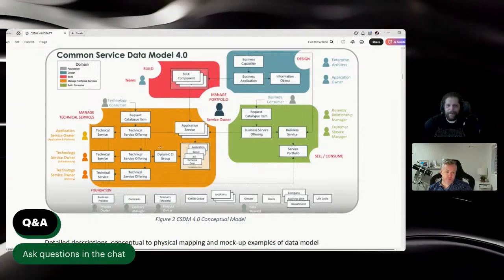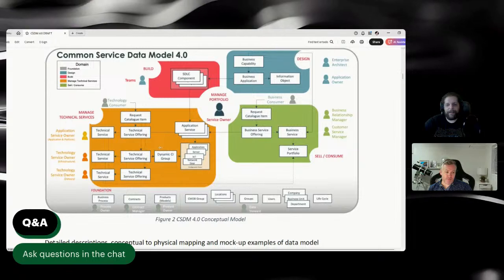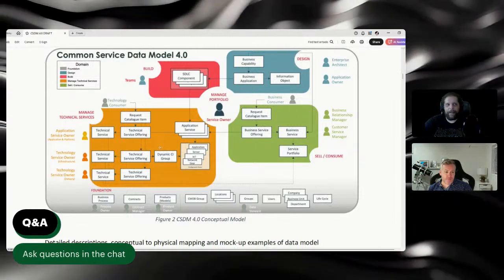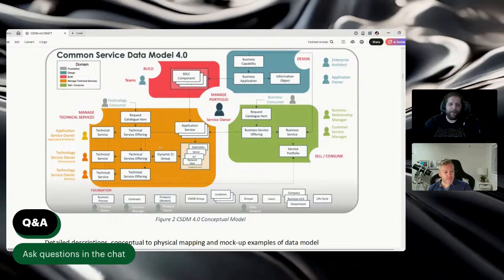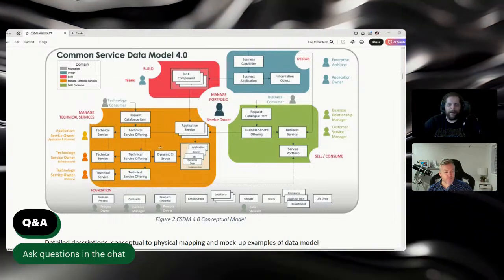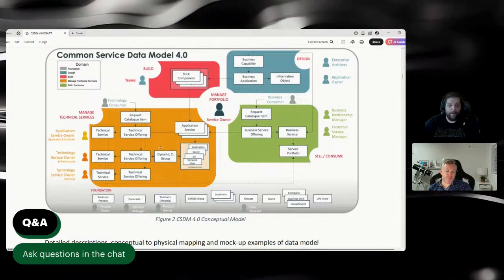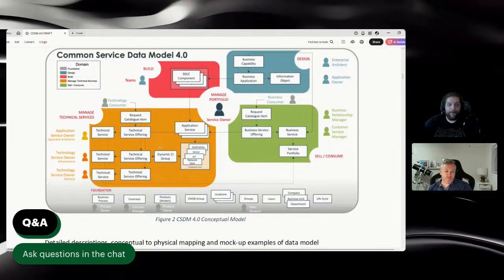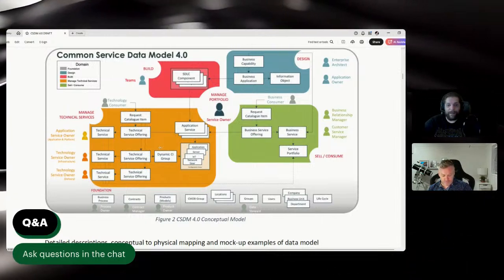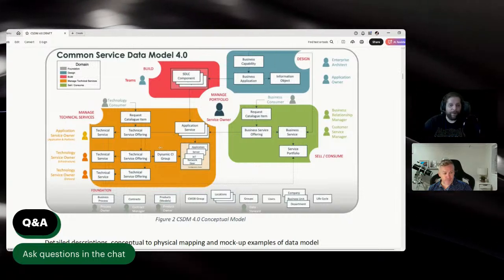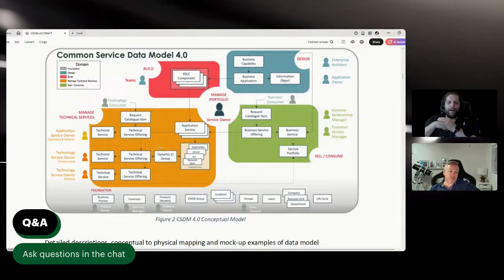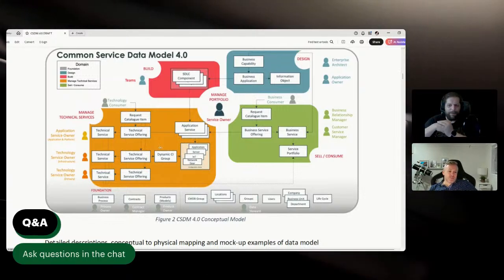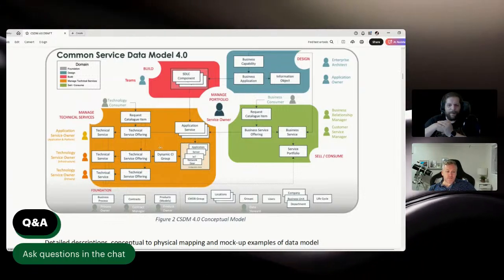Even getting the classification right is already difficult, because you need someone who understands how it works. But then finding the time to actually collect it is going to be a big challenge, and it is regardless of CSDM or not. I think it's a challenge in every CMDB project that I've been in.